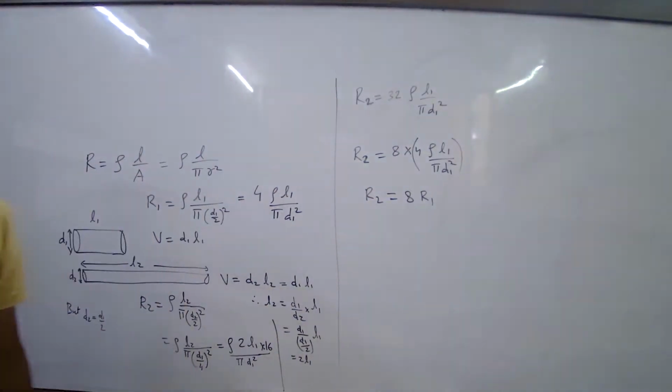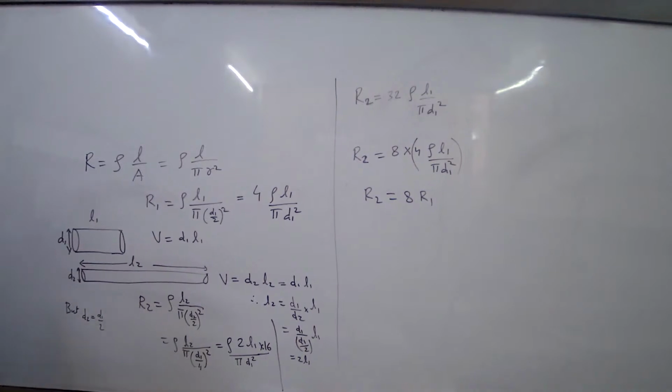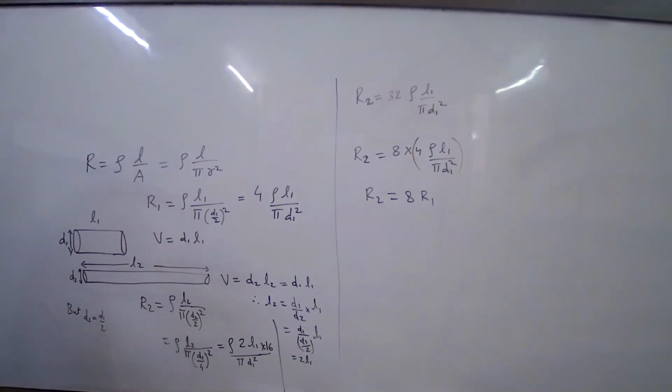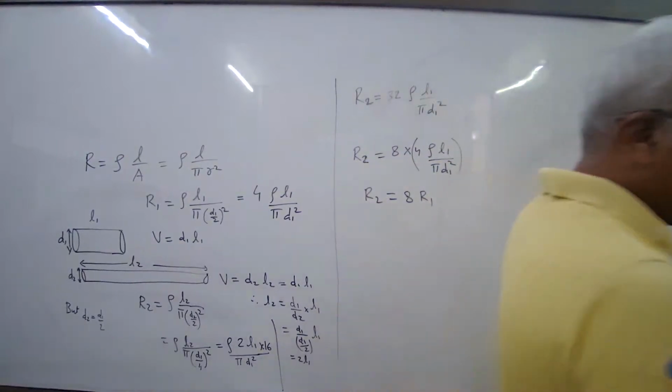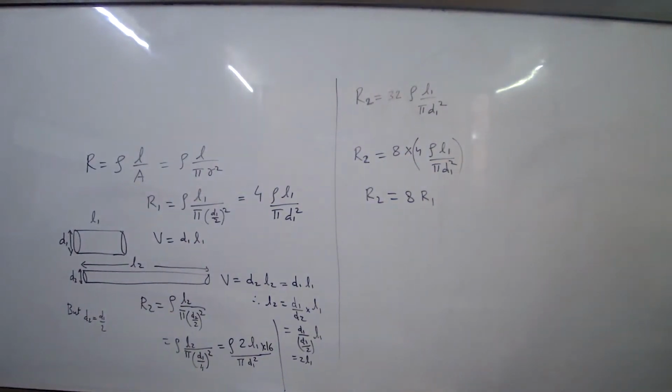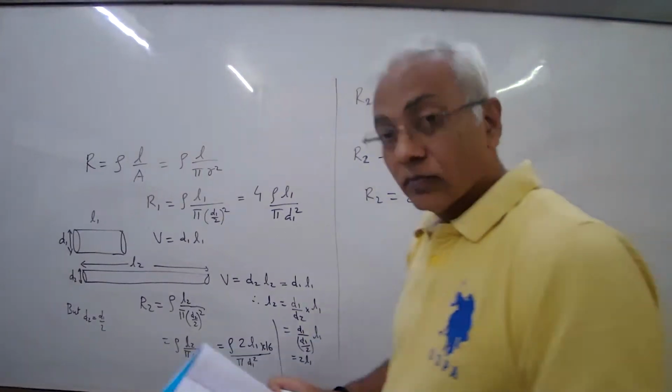So R2 becomes 8 times R1. This is the answer. So when the diameter is half, the length also will change in proportion. So we have to solve the equation also.